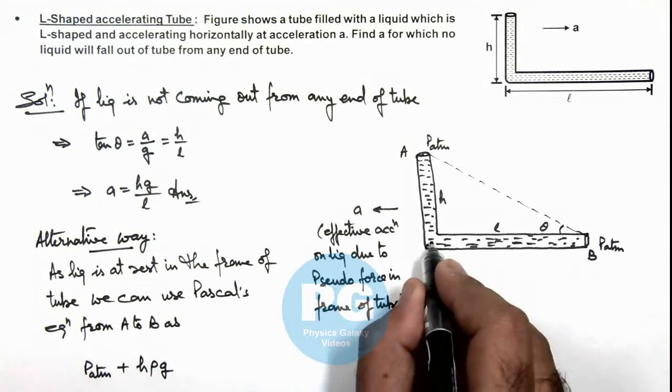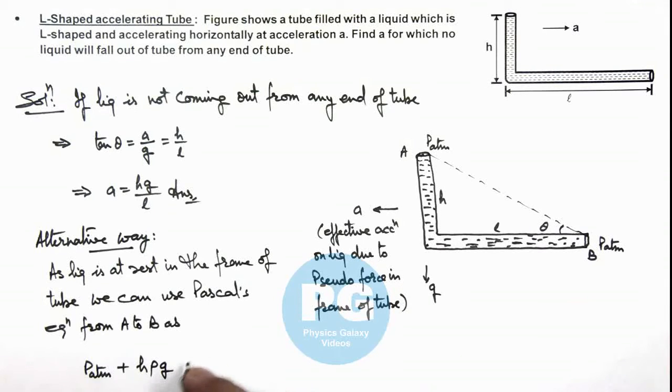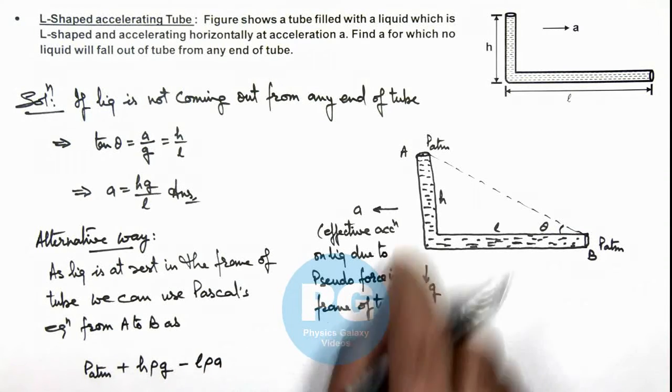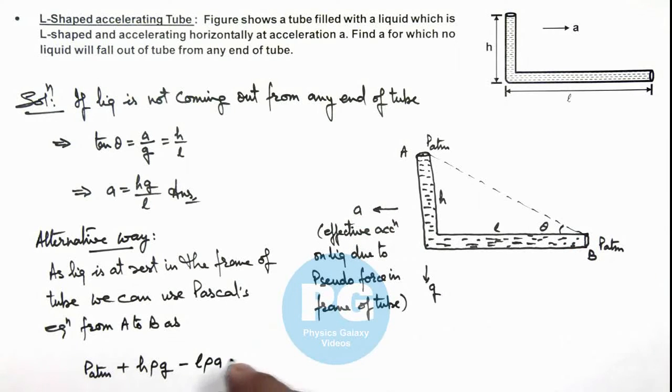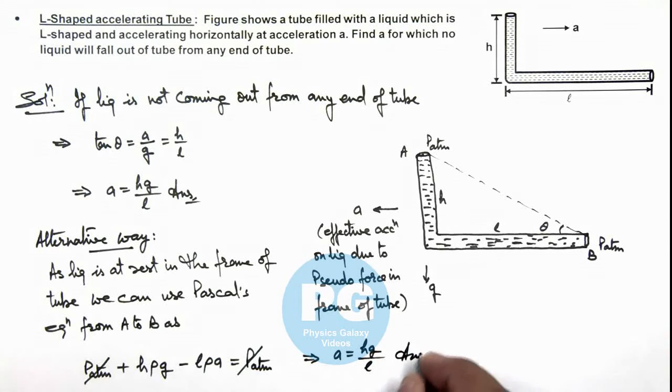Then again from this point to this point, pressure will be minus L rho A, because opposite to the direction of A, here pressure will decrease, and this should also be P atmospheric. So this gets cancelled out, and simplifying this relation, we are again getting the value of A is equal to hg by L, which is the result of this problem.